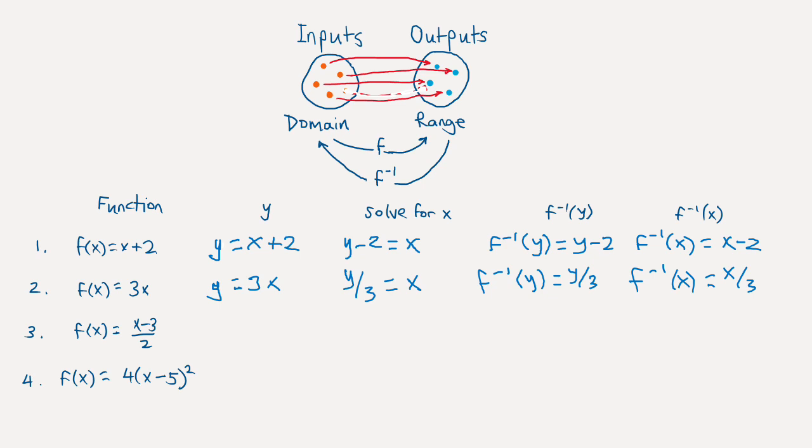Let's do a slightly harder example. f of x equals (x minus 3) over 2. First step, write down y equals the function. Next step, solve for x. If I multiply both sides by 2, I'd have 2y equals x minus 3, and then if I add 3, I'll have 2y plus 3 equals x. So the inverse function in terms of y is 2y plus 3.